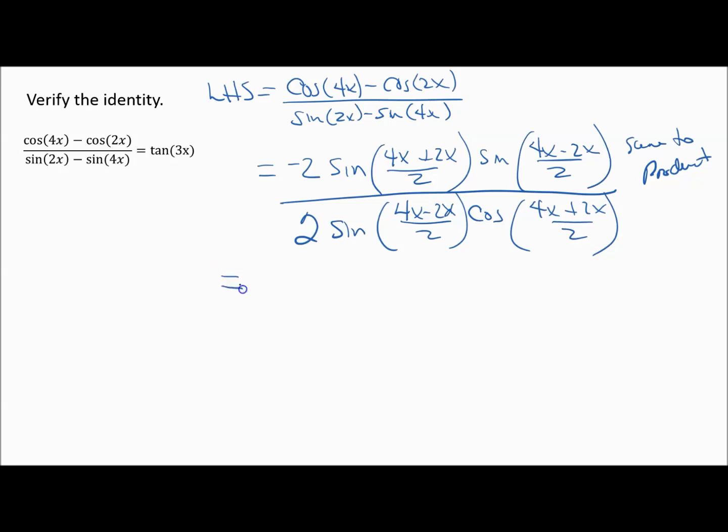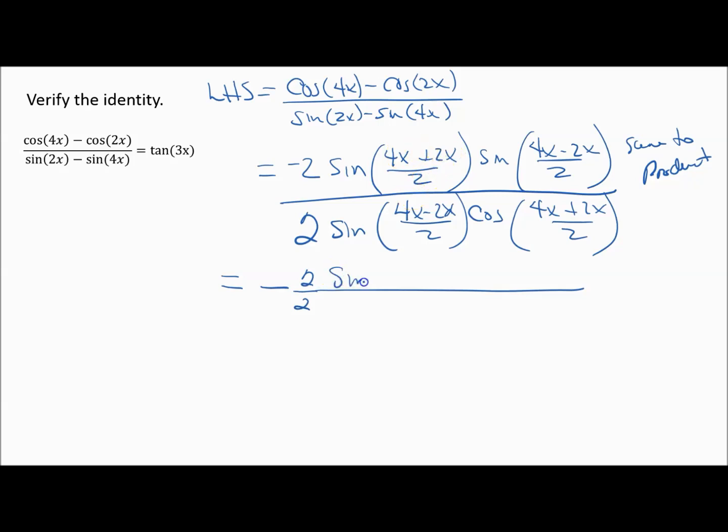Now let's simplify. Okay, I'm noticing I've got a negative 2 and a positive 2. That leaves a negative. Okay, that has me a little concerned because there's not a negative on the right-hand side, but that's okay. We may figure out what turns that back positive. The 2's do cancel. Let's leave the 2's for now. We can cancel them in a minute. And I have 4x plus 2x is 6x divided by 2 is 3x.